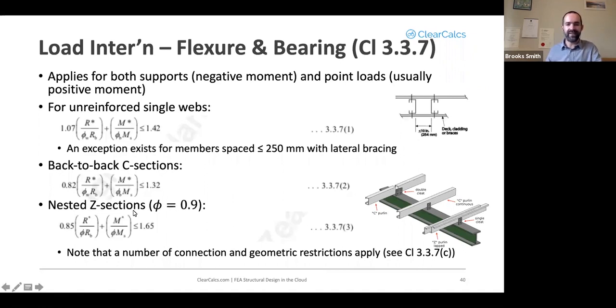For nested Z sections, phi is always equal to 0.9 for all the occurrences of phi in that equation. There are a number of additional connection and geometric restrictions for that nested Z section calculation. I'll refer you just to look at clause 3.3.7, to see if you have nested Z sections you need to consider.